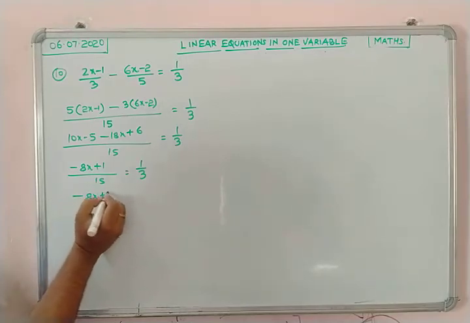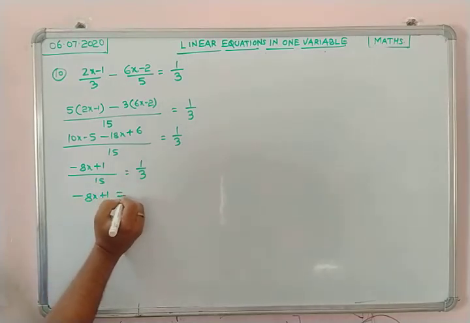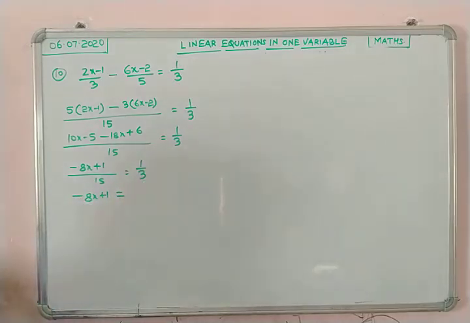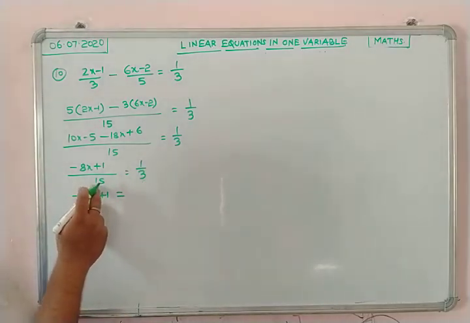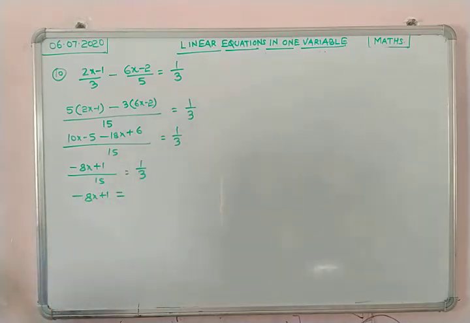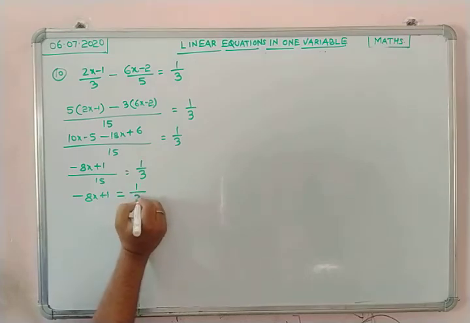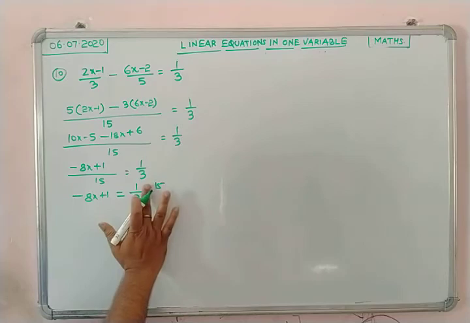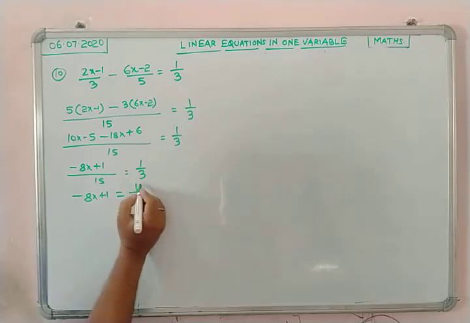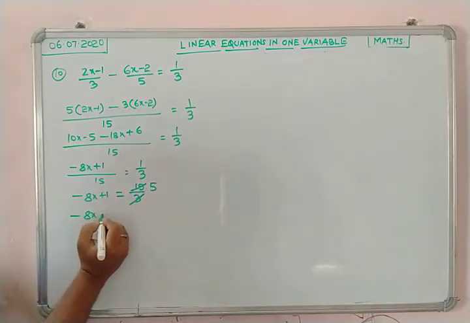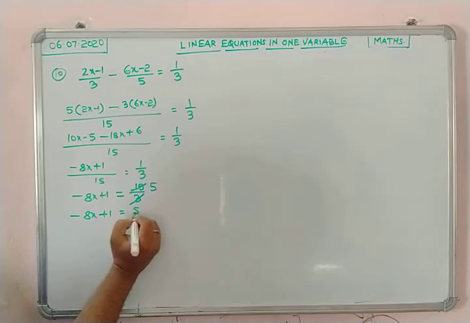Minus 8x plus 1 equals, now 15 I am transposing to the RHS. So 15 is on division in the LHS. When it goes to the RHS, 1 by 3 into 15. Simply we can write in one step 15 by 3, which is going to give you 5. So minus 8x plus 1 equals 5.